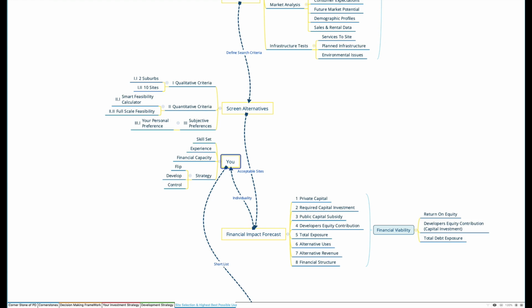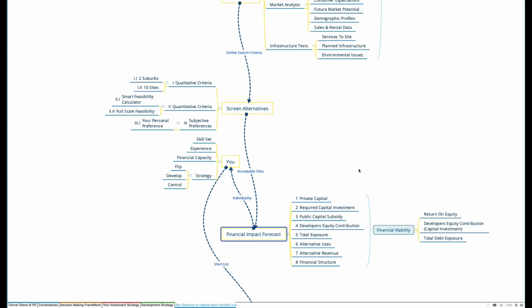Then, after you have some acceptable sites, you have to figure out what your individual needs are going to be. Can you execute the kind of development that you shortlisted? Have you got the skill set, or the experience, or the financial capacity, or the strategy, so that you can flip, develop, or control that property, and so on.